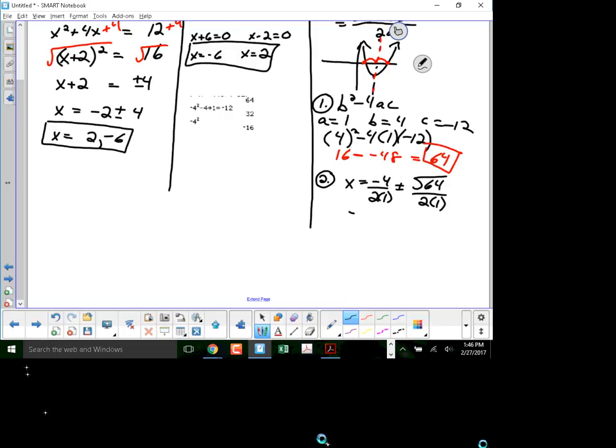So this is going to be negative 4 divided by 2 is negative 2. And then plus or minus, the square root of 64 is 8 over 2. So it's going to be negative 2 plus or minus 4. And just like over here, we have negative 2 plus 4, negative 2 minus 4. That's going to be positive 2 and negative 6.